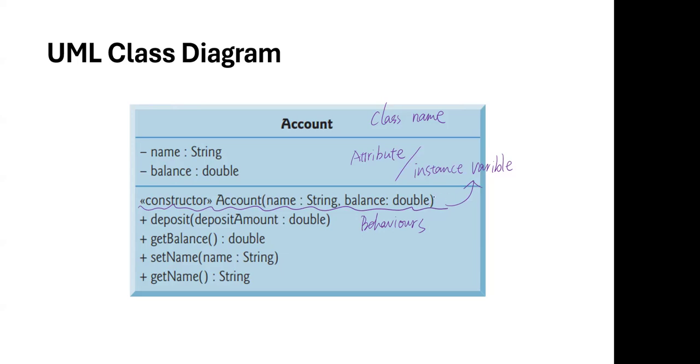Apart from the constructor method, we can still have some behaviors. For example, we can deposit some money into the account. And we can have an action like get balance, so we can check how much money is in the account. And also we can have some method to set the name or get the name.